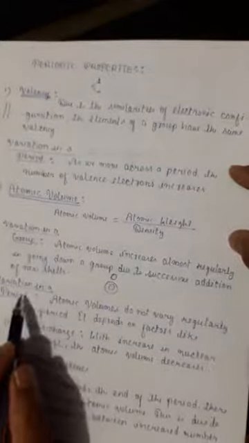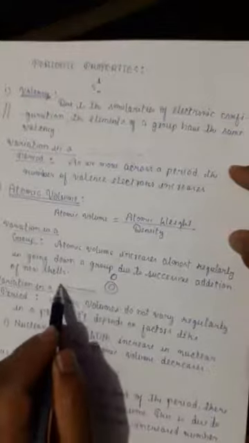This is very simple. Now variation of atomic volume across a period. Whenever you are moving from left to right, how does this atomic volume vary? Now, atomic volumes do not vary regularly in a period, because it depends mainly upon two factors. Number one is nuclear charge, and the second one is number of valence electrons.